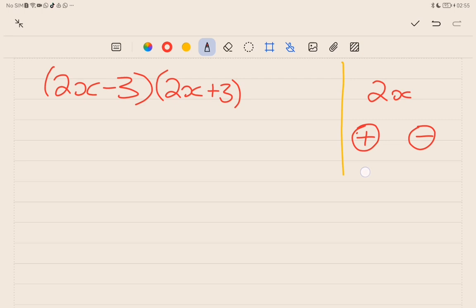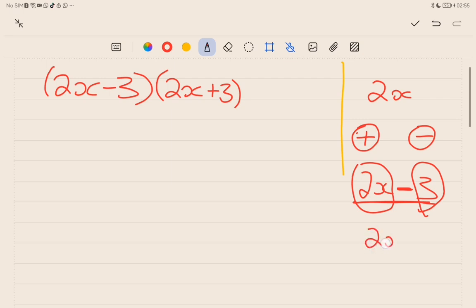So if we have 2x minus 3, this is an expression, then there is a negative here. So this negative broke down this expression into two terms. So 2x is a term, 3 is a term. So that's what we mean by a term.